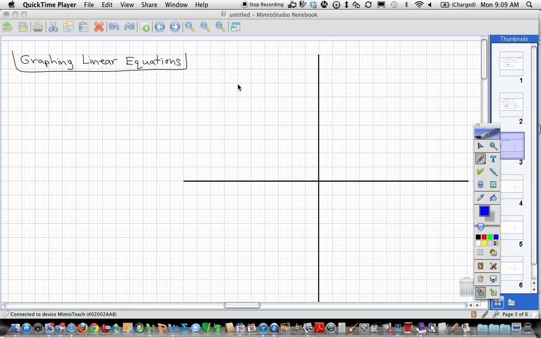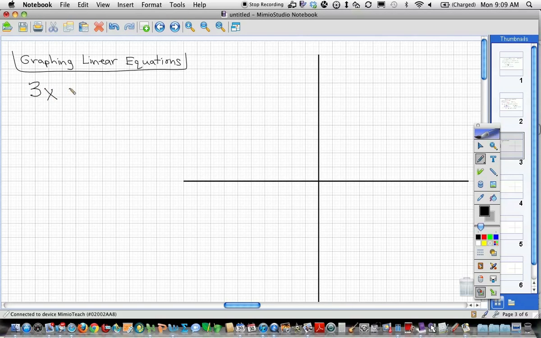So, here's what one would look like. Okay? So let's write this down. 3x plus 2y equals 4.